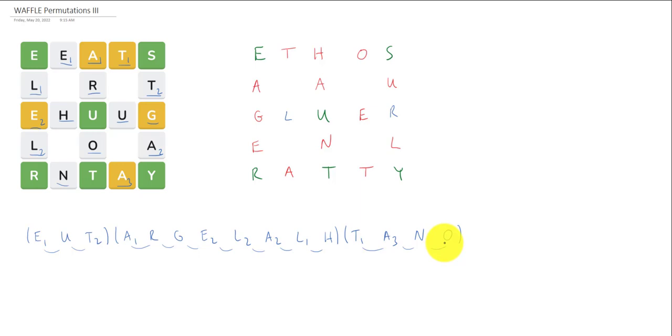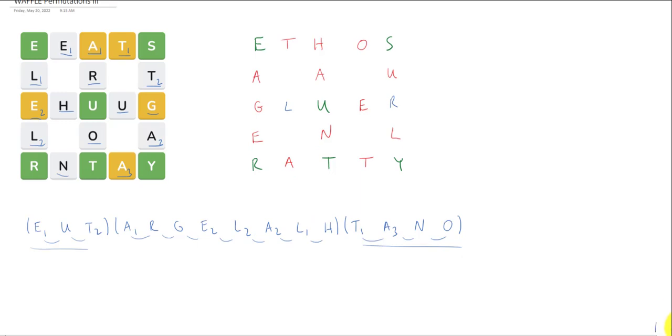We want 10. So I need to look for duplications, and I don't have one in the 3 cycle at the front or the 4 cycle in the end, but I do have a duplicate A, and duplicate L for that matter, in this middle cycle. So let's move this A1 down to the end.